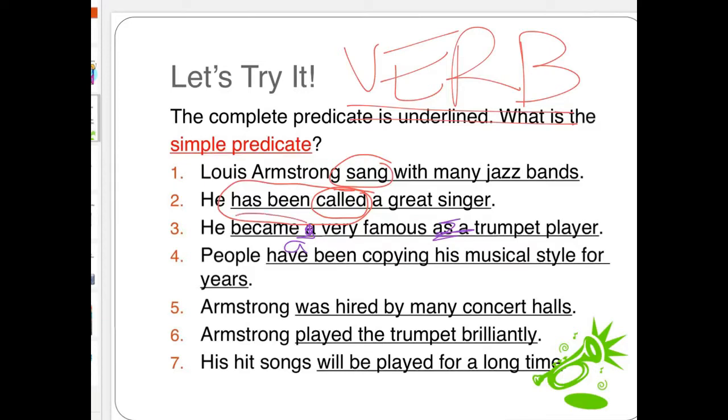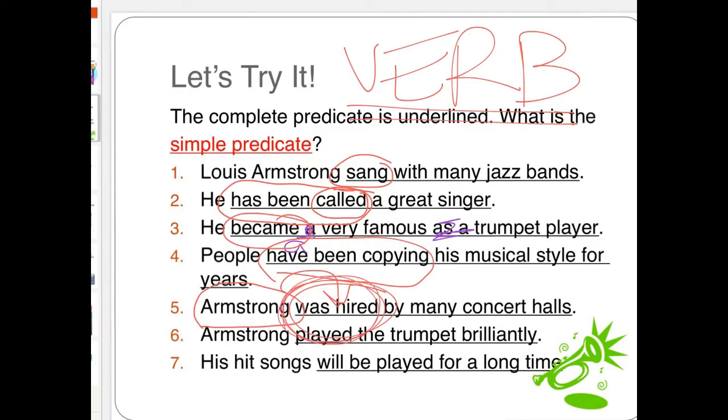Would be became. Okay, number 4, people have been copying his music style for years. What's the verb? Have been copying. Okay, let's do one more. Let's do number 5. Armstrong was hired by many concert halls. Okay, the answer here would be was hired. So was hired would be the simple predicate.